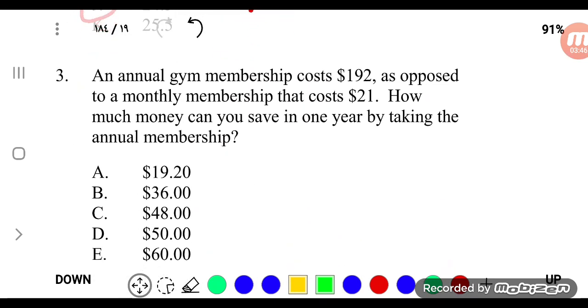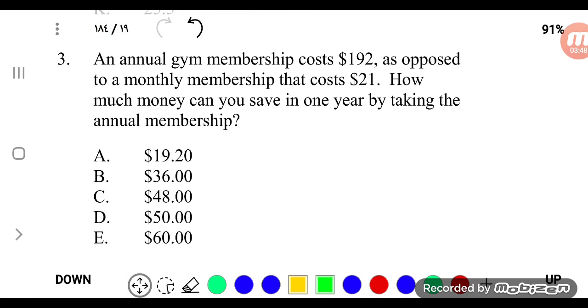Next question. Annual gym membership costs $192 as opposed to monthly membership that costs $21. How much money can you save in 1 year by taking the annual membership? You have to multiply 21 by 12. 21 times 12, you get 252.